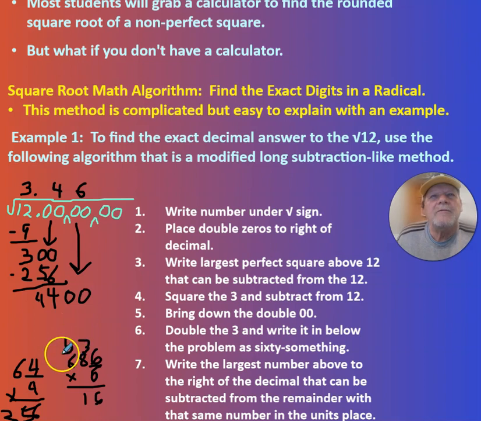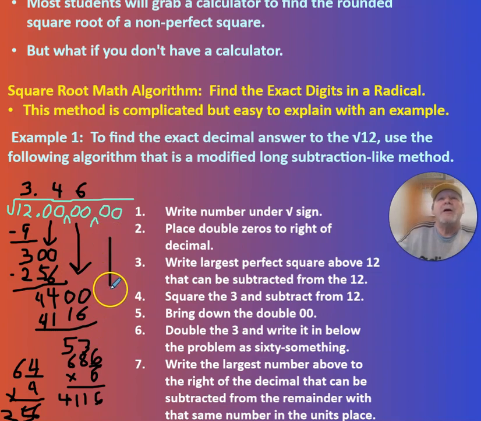Carry the 5. 6 times 6, 36, plus 5 is 41. And you can see you can subtract that. And then you'll carry down the 2 zeros, double this number, and do the same process.